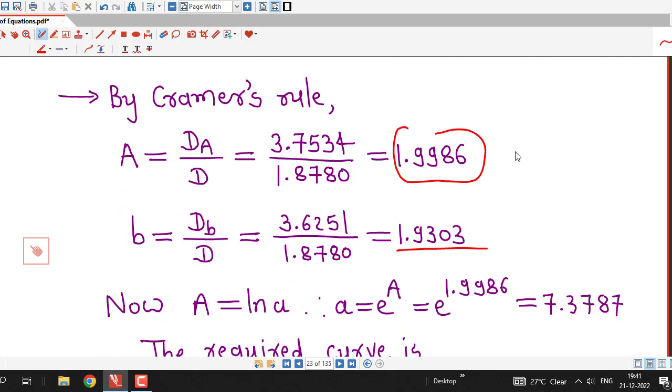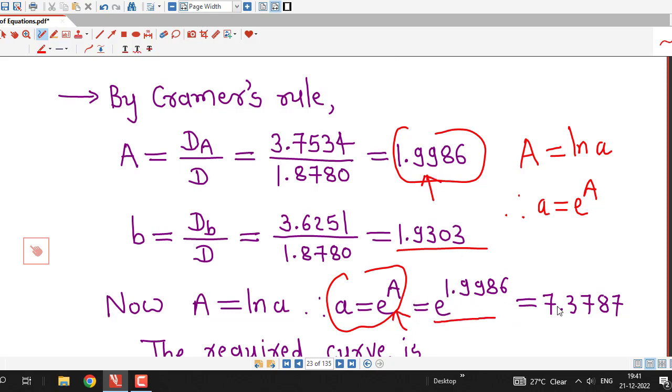Now once we have value of capital A, we know that capital A is ln a. So therefore small a equals e to the power A, and we have obtained value of capital A, so that we substitute here, and we find that small a turns out to be 7.3787, and we are already having value of small b, and we are interested in this y equal to a into x raised to b.